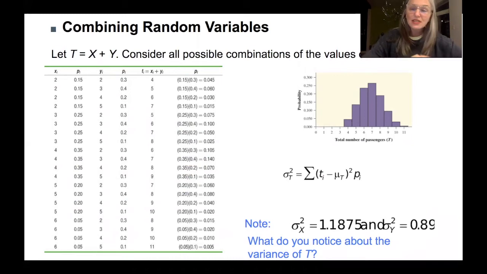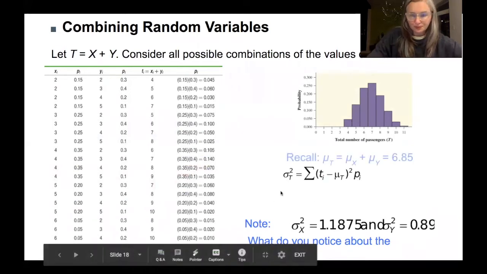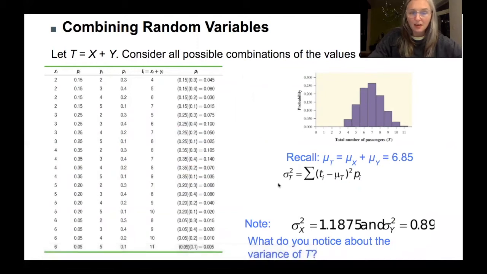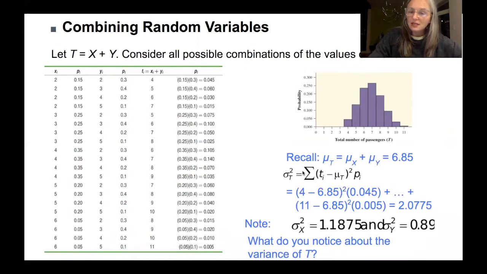Okay. So this is what happens when we combine X and Y and we do the long standard deviation formula, which you've seen me do before. And we know that the mean is 6.85. And so we go and we find variance, which is our T minus our mean each time.